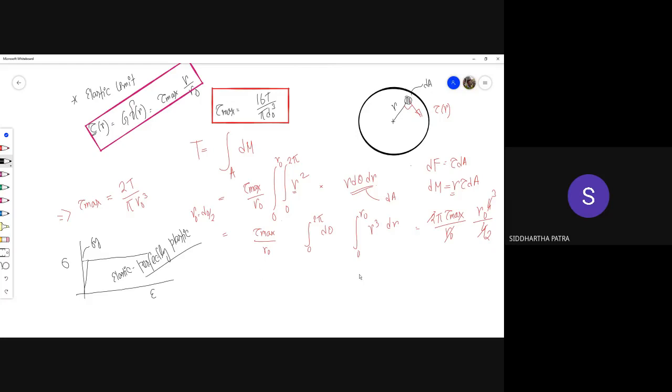So what will happen? Oh sorry, I just put wrong stress and strain. So what will happen when the elastic limit ends?